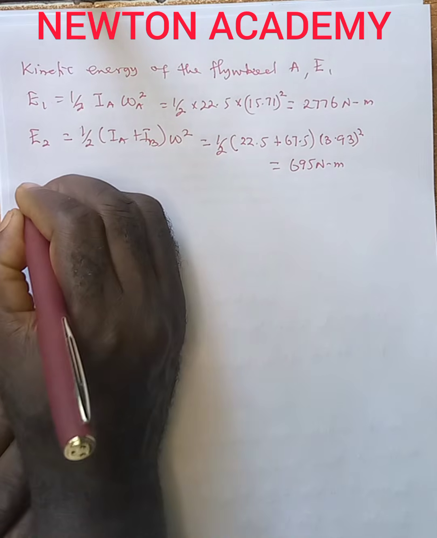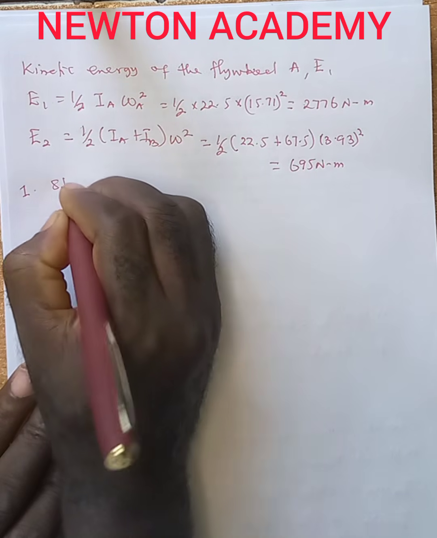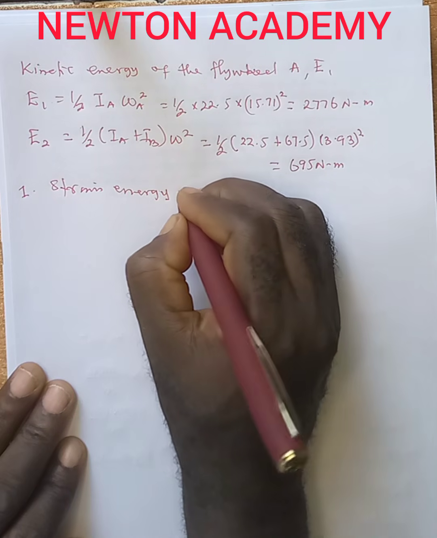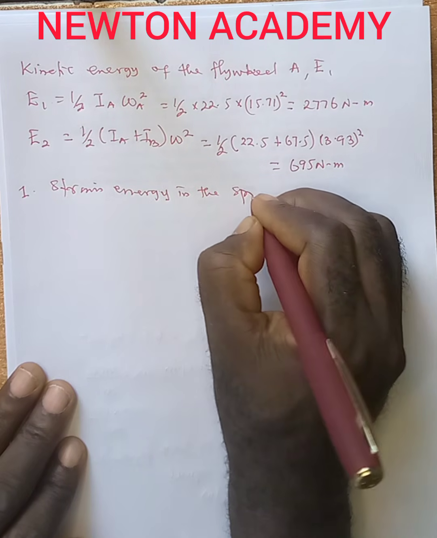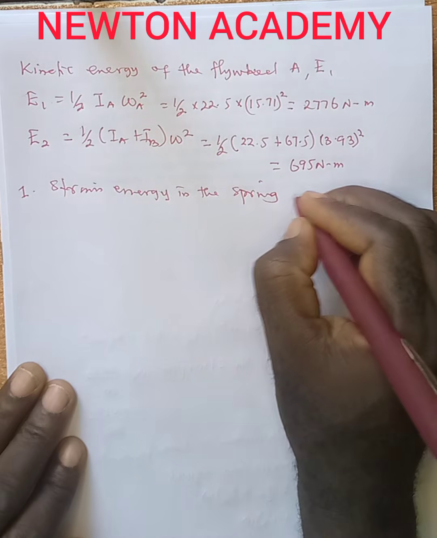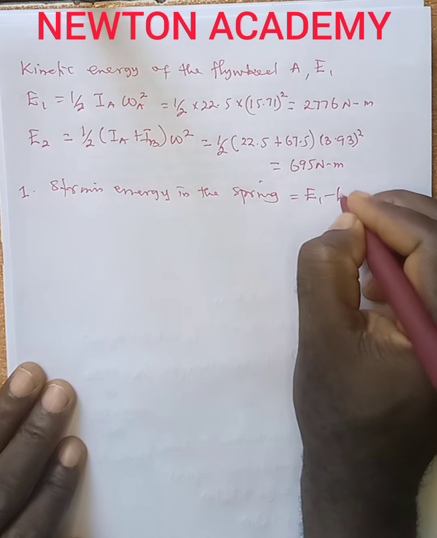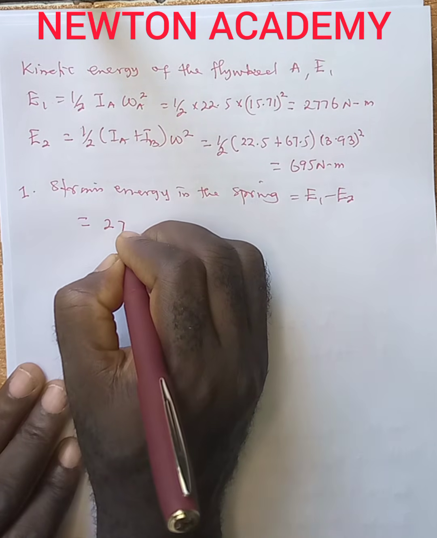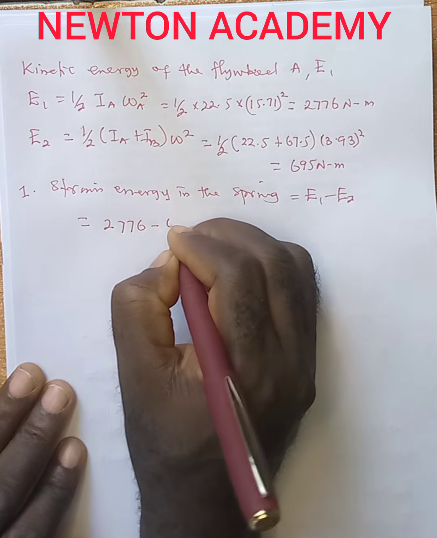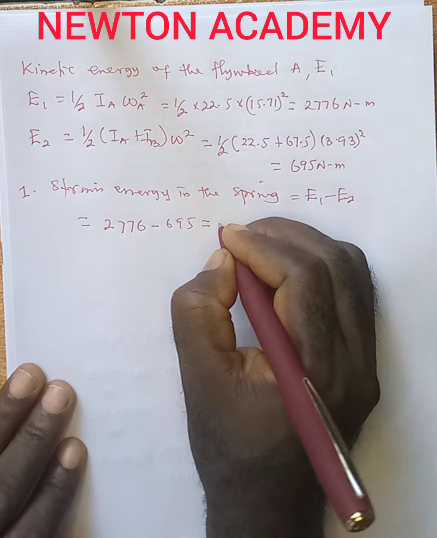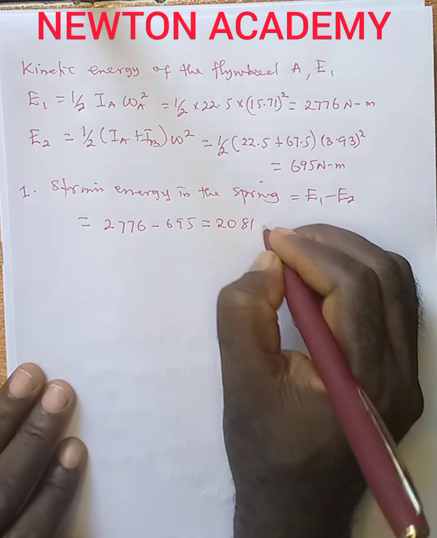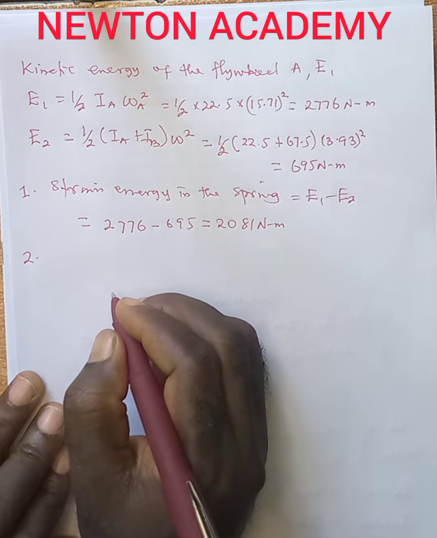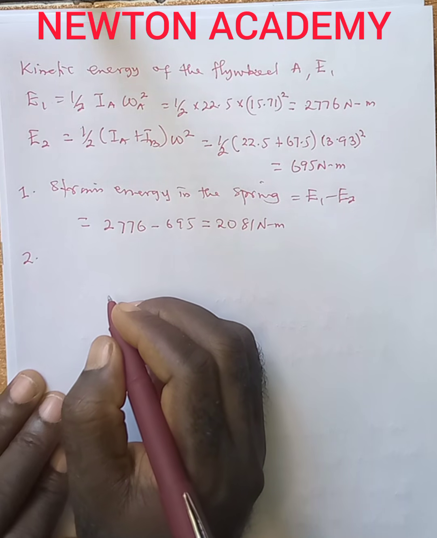So the first question, the strain energy in the spring is going to be equal to E1 minus E2, which is equal to 2776 minus 695, and this gives 2081 Newton meter.